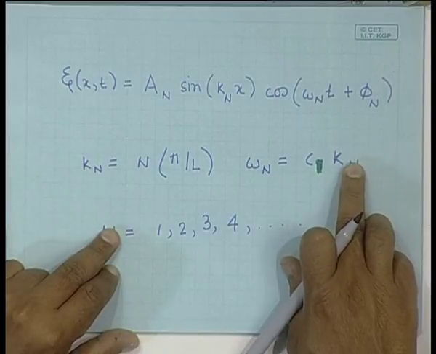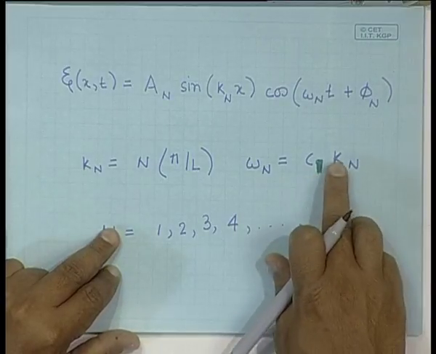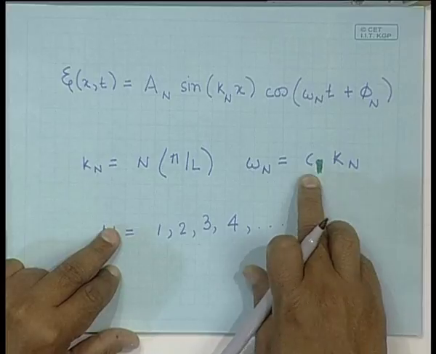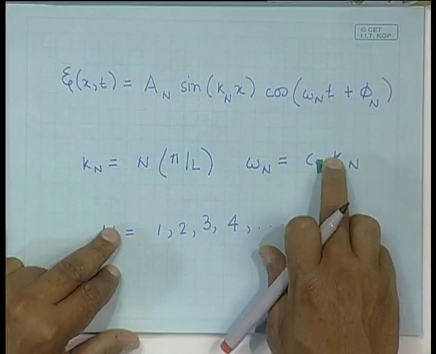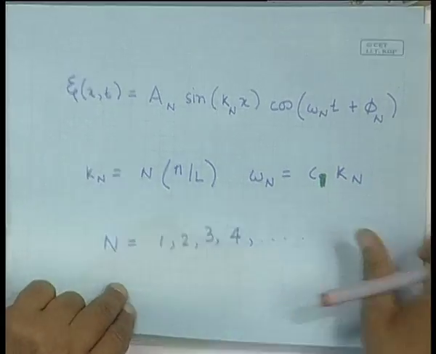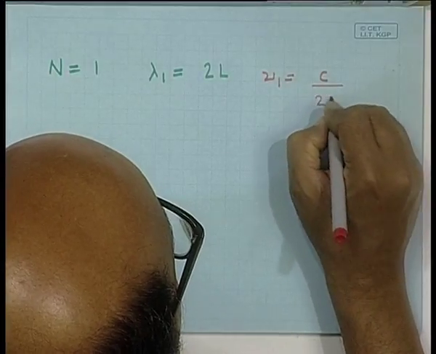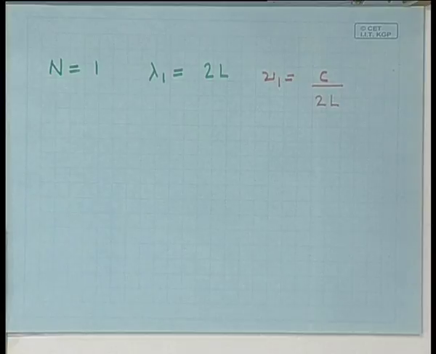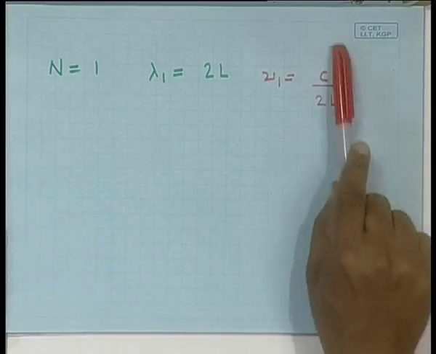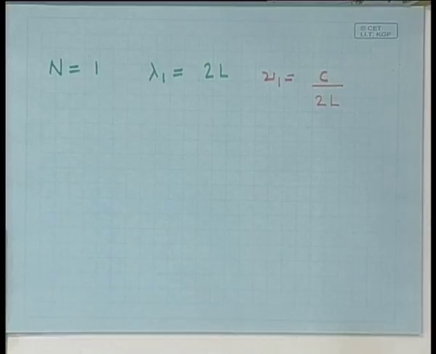The factor of pi will cancel out and I will have c by 2L. So, the fundamental mode or the first harmonic has a wavelength which is twice the length of the string, and it has a frequency which is c divided by 2L, where c is the phase velocity in that string.